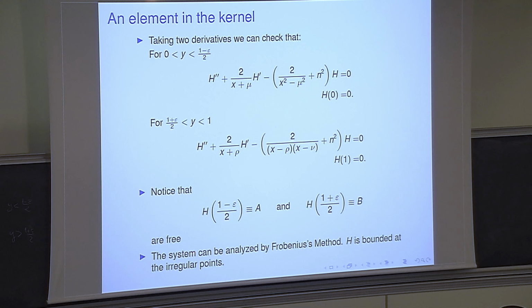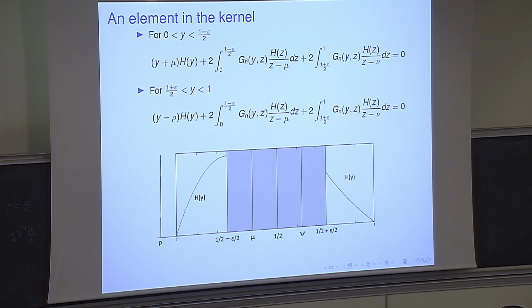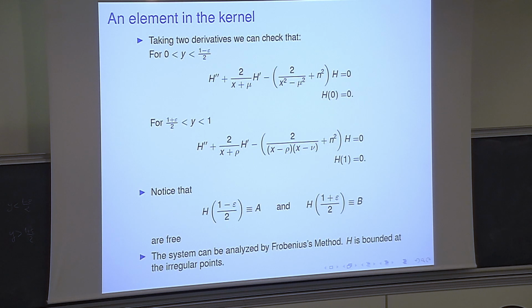So you can solve this equation by using the Frobenius method, and then you show that there is a solution for any A and B, and you plug this solution in. Of course if you have a solution of the integral equation, you have a solution of the ODEs. But if you have a solution of the ODEs, you don't necessarily have a solution of the integral equation. You have a candidate to solve the integral equation.